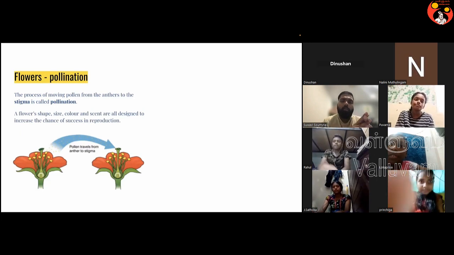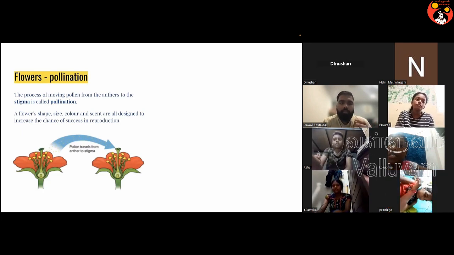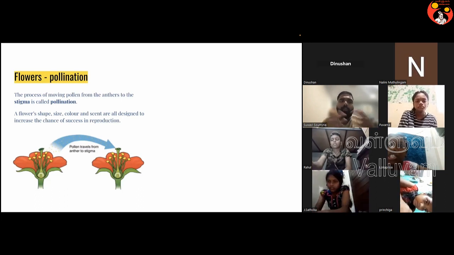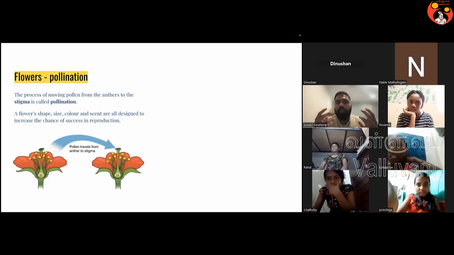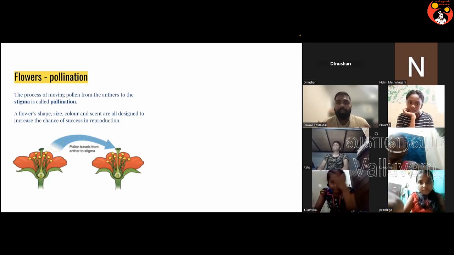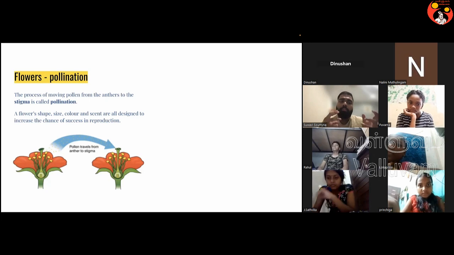We were just speaking a slide or two below about how a flower's shape, size and color can all vary, right? And each of those have specifically adapted to their environment to increase their chance of success in reproduction and growing in the environment that they live in.